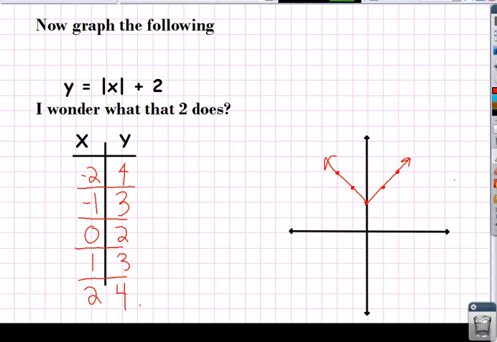It looks to be what we call a vertical shift, meaning moving my function up 2 on the y-axis. Do you think that always is going to hold true? We'll find out. What is my vertex here? Well, my vertex, remember, is the tip of my absolute value. That point right there is 0, 2. So it looks like when I went up 2, I simply changed the point of my vertex on the y-coordinate.